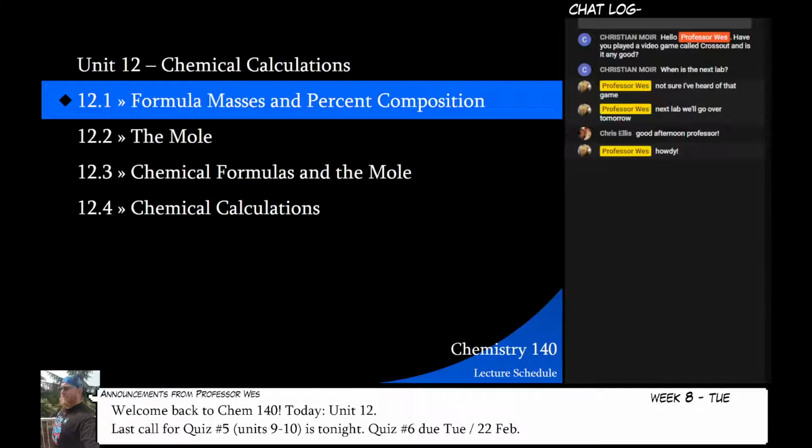All right, you are going to need this website, which I don't believe we've used yet. That's the wrong website. I want to grab ptable. Well, you know what? Let's give you ptable also. If you don't have a periodic table handy, you're going to need one. So here's ptable. But you're going to need this website as well.